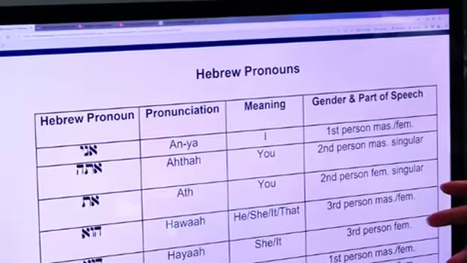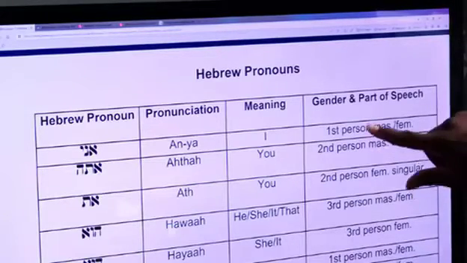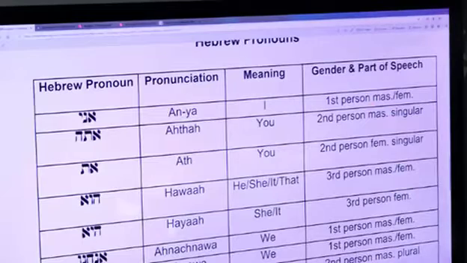We touched on this just a little bit in last week's lesson when we dealt with pronominal suffixes. Pronominal meaning pronoun. Okay, so we're going to cover the pronouns in Hebrew. We're going to do this within maybe 10-15 minutes, and then afterwards, we are going to try to find some biblical examples. Okay?